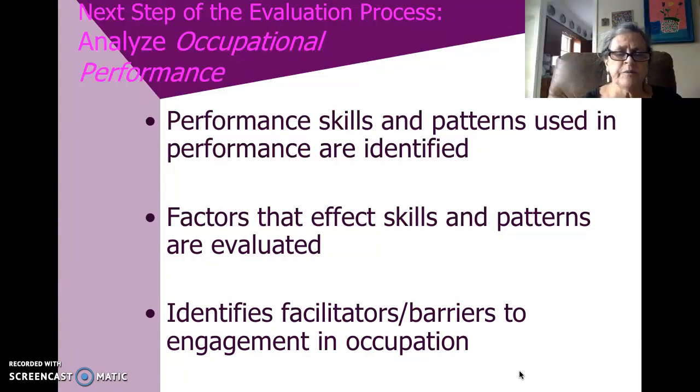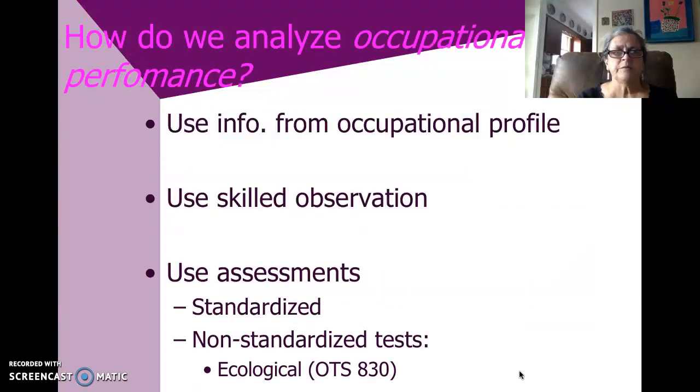Are there too many people around? Is there a bird in the background squawking that's distracting? So we want to look at this particular child's facilitators and barriers to engagement in occupation. And we want to help the family think about those things, help us to think about those things as well.